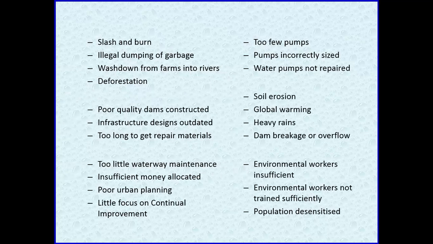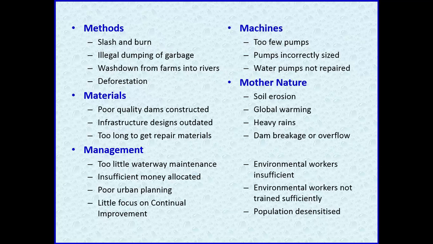So you see how many causes can happen. It's very confusing when we look at this long list. And so by theming them, we begin to have something that we can wrap our minds around. The 6 M's help us to do that.